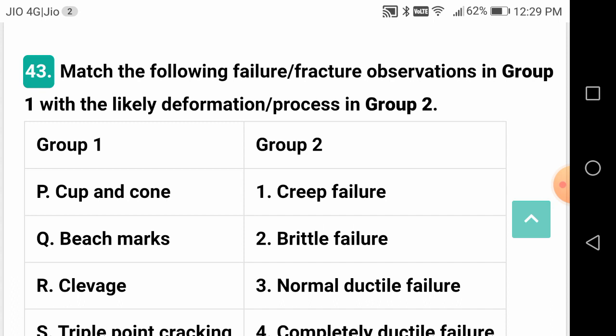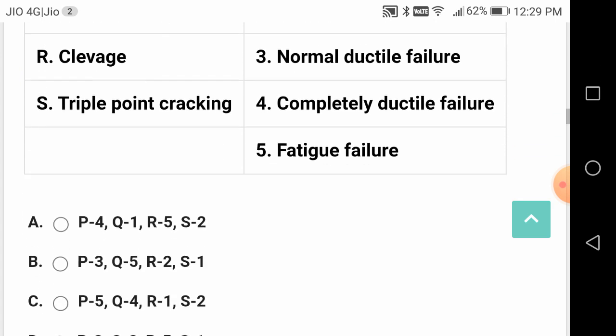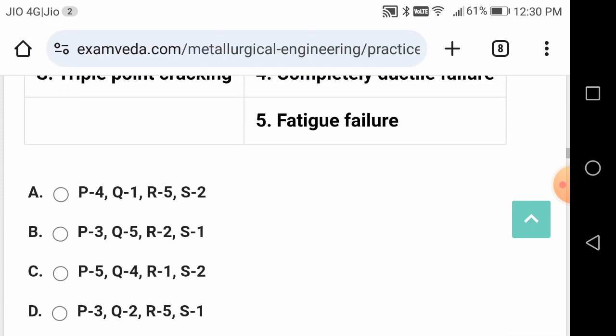So we have got group 1, fracture, failure and process. Cup and cone failure, beach marks, cleavage failure, triple point cracking, etc. So what is the correct matching here? 3, 5, 2, 1.